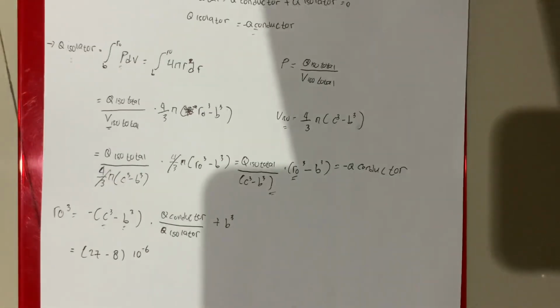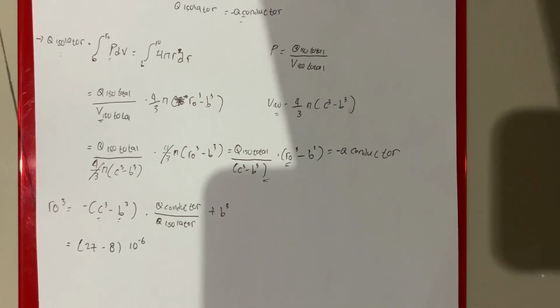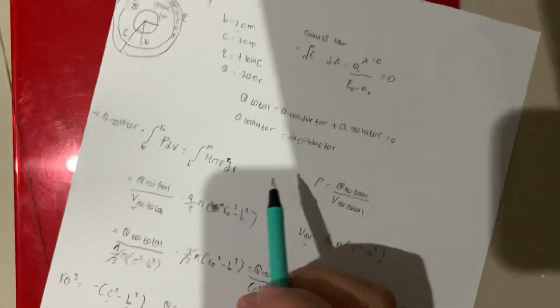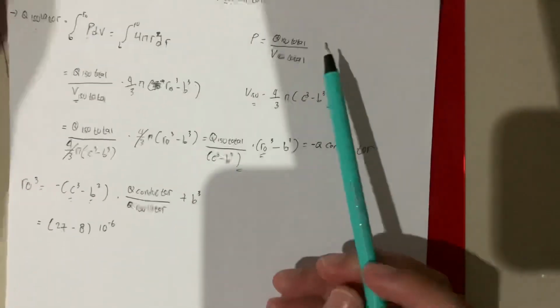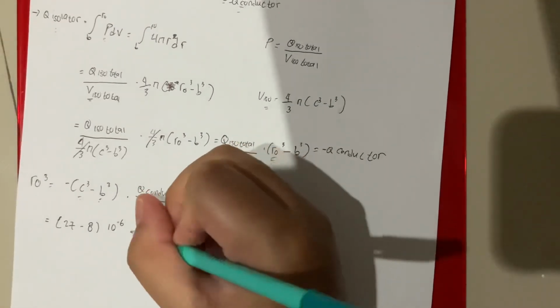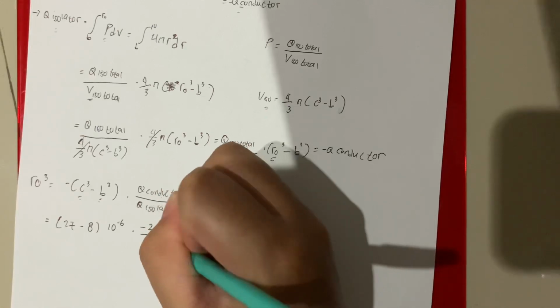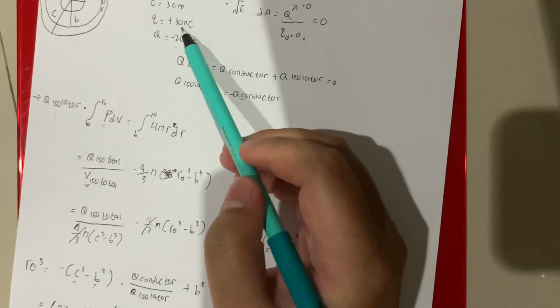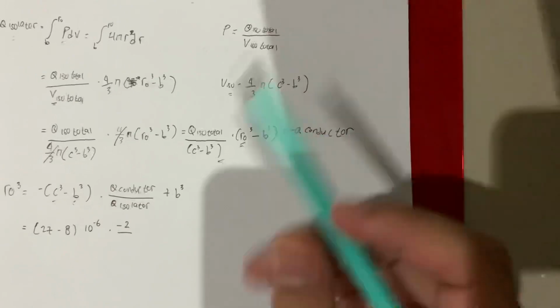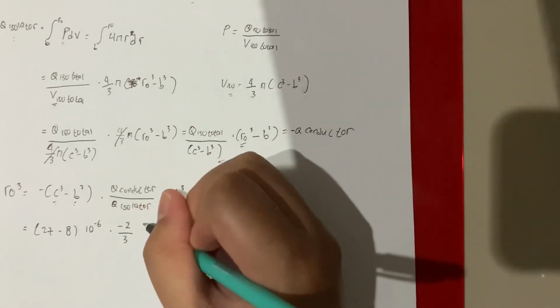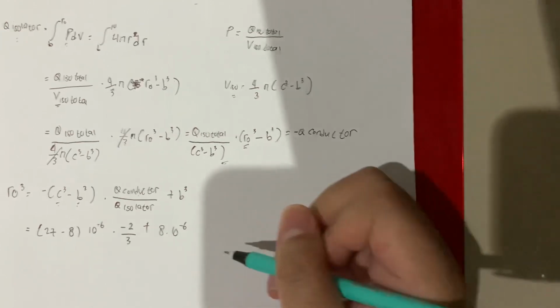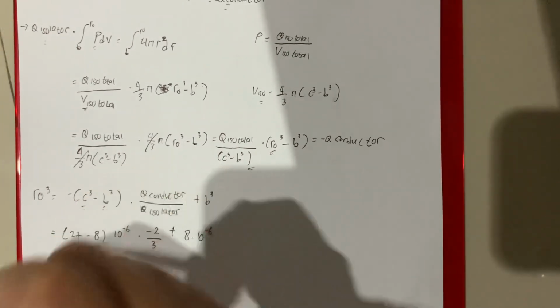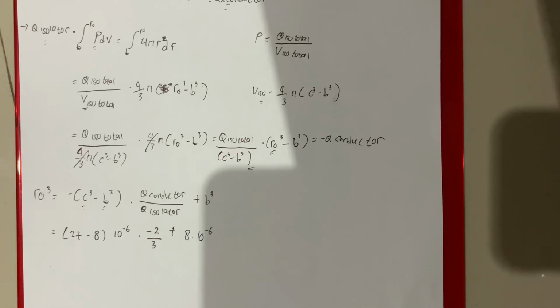Don't forget to change the centimeters to meters, so it becomes 10 to the power of minus 6. After that, the Q conductor itself is minus 20, so it becomes minus 2, divided by the Q isolator, which is plus 30, becomes 3. After that, we add the b cubic, which is 8, times 10 to the power of minus 6.